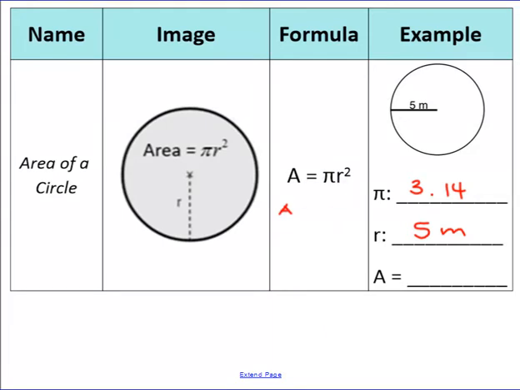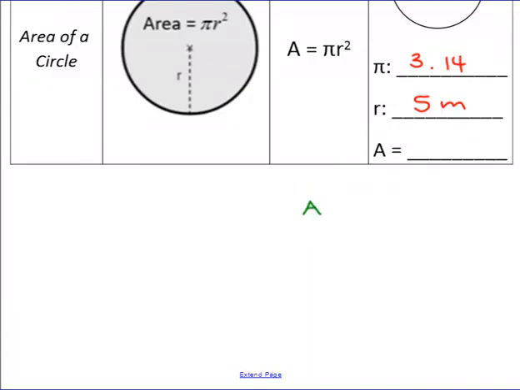Actually, let me use this space down here so that I have more room. So A equals pi r squared. A equals parentheses 3.14, and then the radius is 5, so 5 squared. Order of operations is going to tell me to solve for this 5 squared first before I multiply.